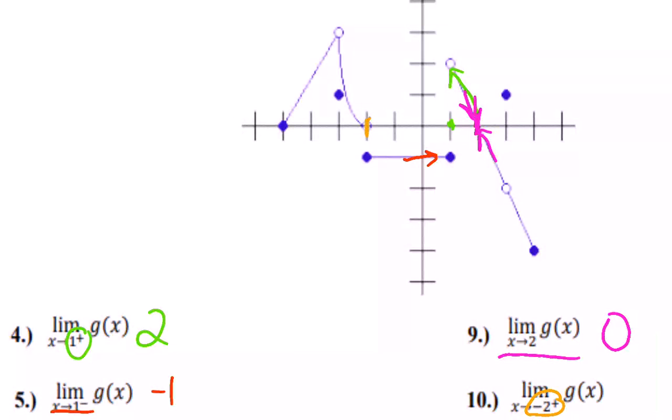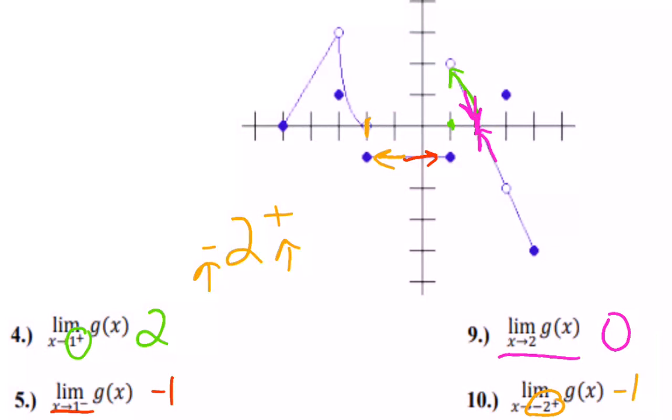Negative 2 is right here, and we're coming at it from the right-hand side, so that's giving me a y value of negative 1. Basically, you just want to make sure you're paying attention to if it's written like this, that is a negative, and this is saying from the right. So just kind of keeping track of where your negatives, positives are, and which ones are telling you direction.